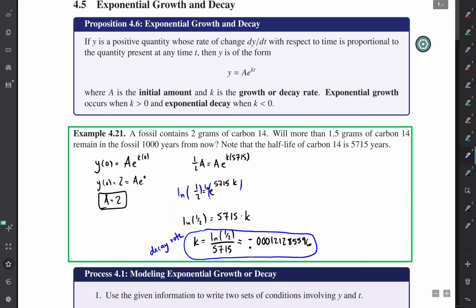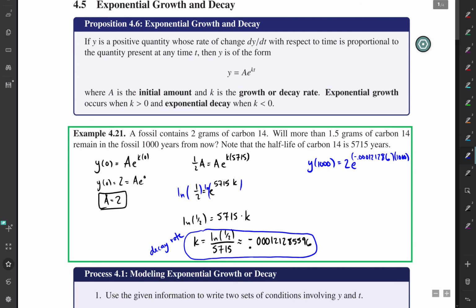Okay, and now that you have that, we can figure out how much of the carbon-14 will be left in 1,000 years. So we take y of 1,000, which will be 2, because a is 2, times e to the negative 0.00012128, rounding off there, times 1,000, because that's after 1,000 years.